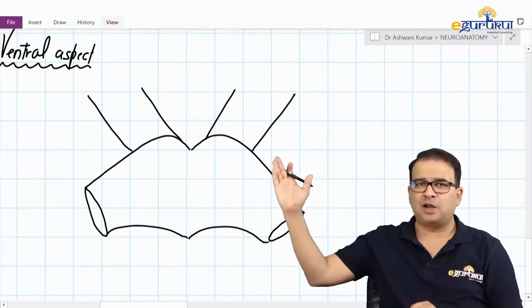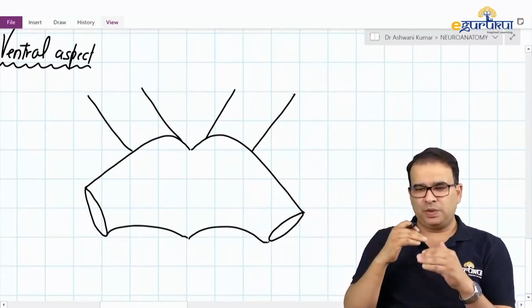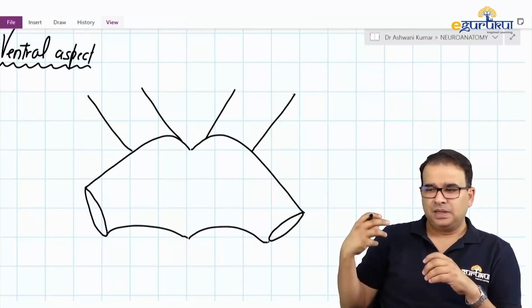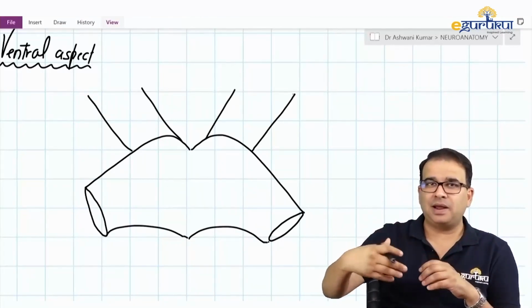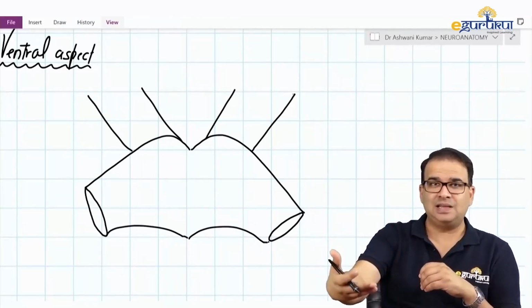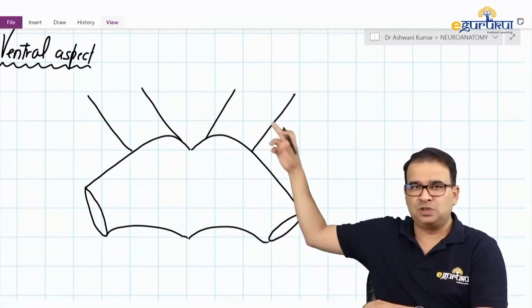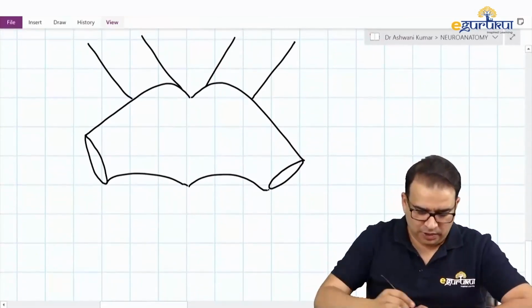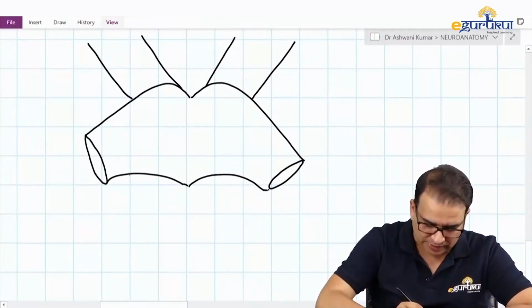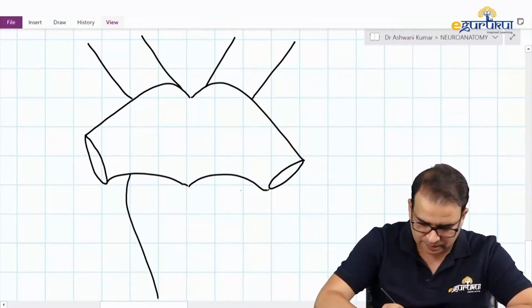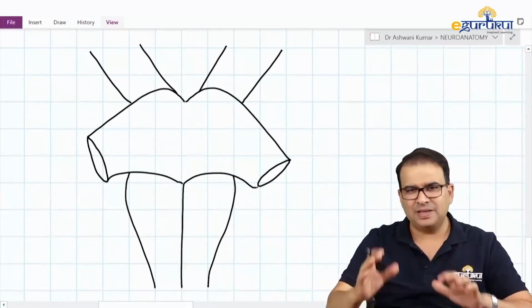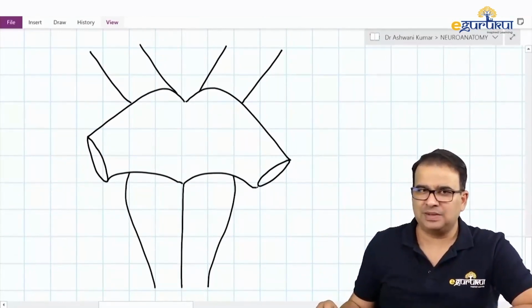The cerebral peduncle, the part of the midbrain only. If you remember, we said in the transverse section of the midbrain, you will be seeing a tectum, tegmentum, and the crus cerebri or cerebral peduncle, which is present anteriorly or ventrally. That's the ventral aspect. So these are the two cerebral peduncles. And inferior, let's say here we got the medulla oblongata. This is medulla oblongata, and let's presume this is the midline. So this roughly is the anterior aspect of the brainstem. That's how it's going to look.